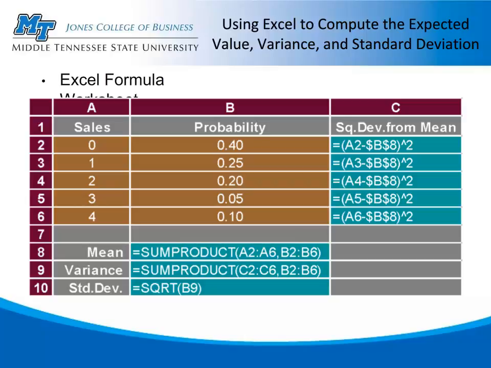And when you take the sum of those products, you're going to get the variance. So the variance is going to be calculated and stored in B9. And then all you have to do is take the square root of the variance to get the standard deviation. The SQRT function is the function in Excel for square roots.